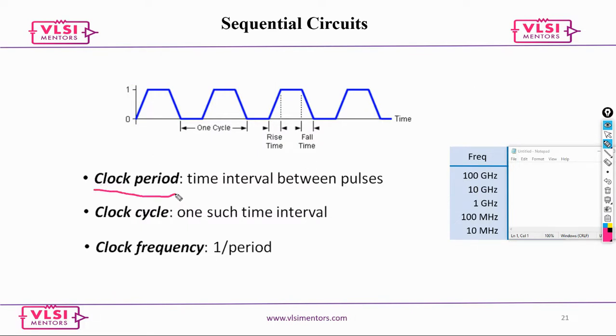So one thing is clock period. This clock period is nothing but your cycle. And the next thing is basically your clock frequency. I'm sure everyone would have gone through the basic equation of f equal to 1 by t.